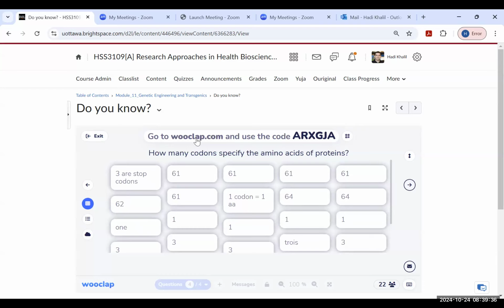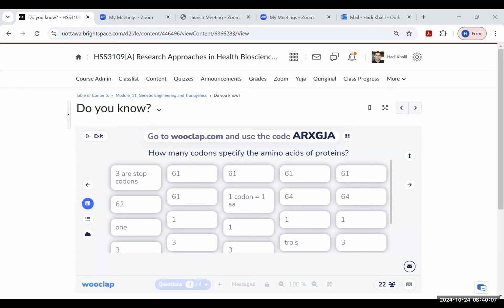So today I decided, before we go to genetic engineering and transgenics, I want to make sure you have the reference of what we need to know before we start transgenics. And for that, I want to make this lecture as a revision for your genetics. So for those people who don't know some of the specifics, I will give you the background.